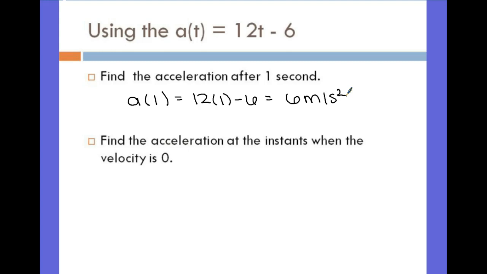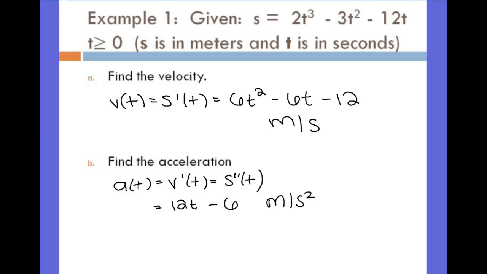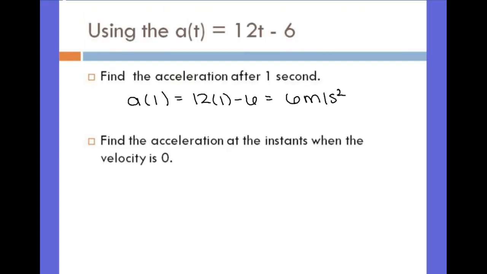To find the acceleration at the instant when velocity is 0, so again, when velocity is 0, we are changing direction. To find it when velocity is 0, we have to set this function equal to 0. So it'd be 0 equals 6t squared minus 6t minus 12.